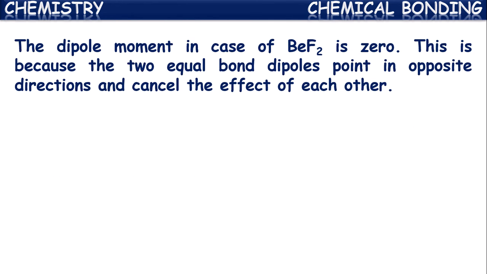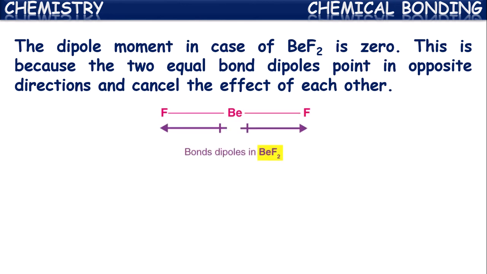The dipole moment in the case of beryllium difluoride, BeF2, is 0. This is because the two equal bond dipoles point in opposite directions and cancel the effect of each other. In the beryllium difluoride molecule, fluorine and beryllium are both forming a covalent bond by sharing a pair of electrons.